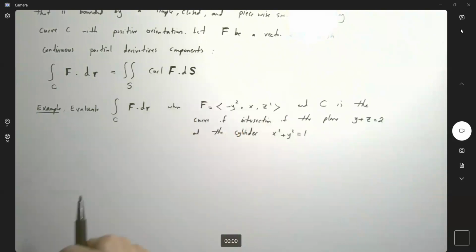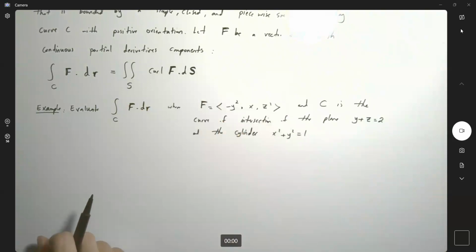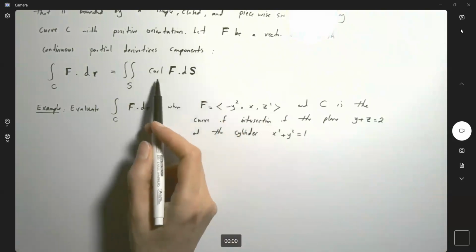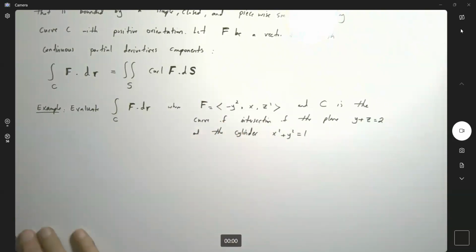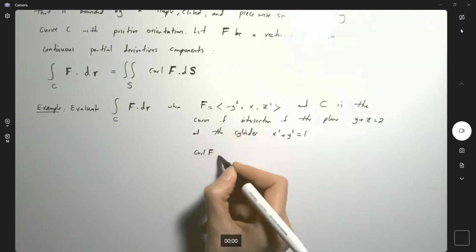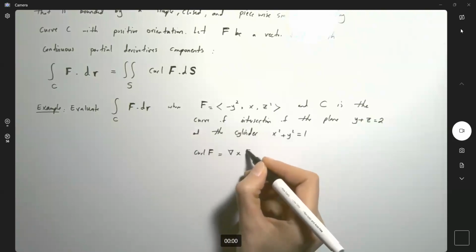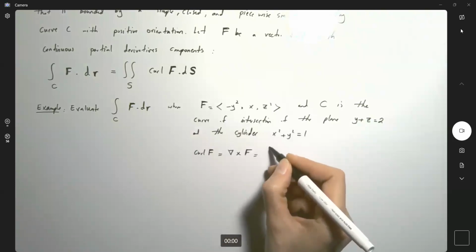Well, I want to find the line integral, am I right? We just learned something new. Let us apply this double integral. What I actually need is the curl of F first. So let us compute the curl of F. Curl of F is equal to, as you remember, the nabla operator cross F. So here we have to do a little bit of computation.